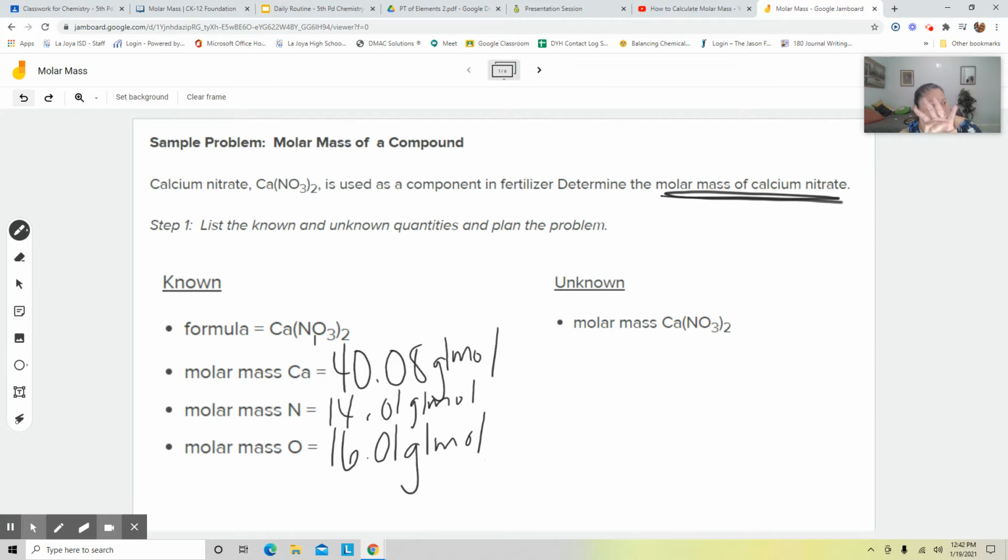Add, subtract, multiply, or divide. What do you think? Take a guess, guys. Take a guess. What do you think? Multiply. Yes, you are both right. We're going to multiply. 1 times 2, 2.